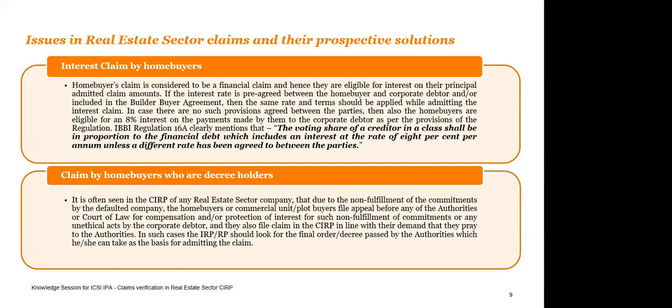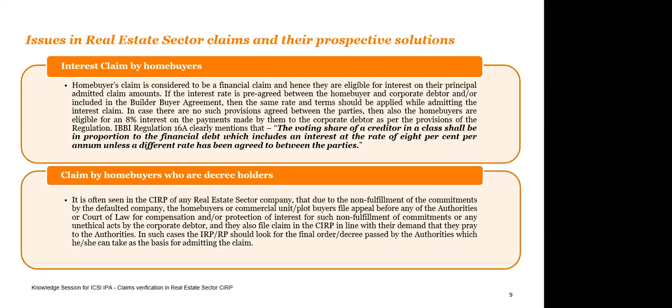If it is not covered by any of the agreements, then it is also given in the regulation of IBBI, regulation number 16A, that clearly mentions, I quote, that the voting share of a creditor in a class shall be in proportion to the financial debt, which includes an interest at the rate of 8% per annum, unless a different rate has been agreed to between the parties.